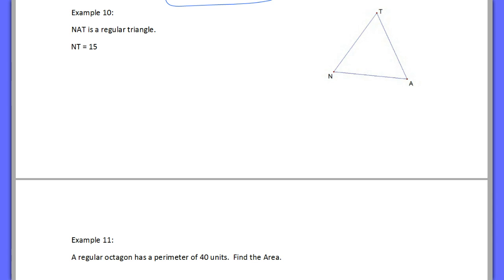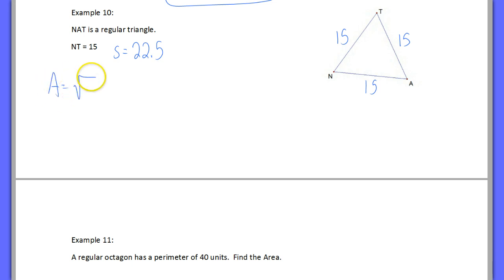Example 10, NAT is a regular triangle. NT equals 15, so all the sides equal 15. This is the case where we know all 3 sides of the triangle, so we could use Heron's formula. First, we have to find the S value, or the semi-perimeter. Add up all 3 sides together, divide by 2, and S comes out equal to 22.5. Exactly 22.5, so we can use that decimal.